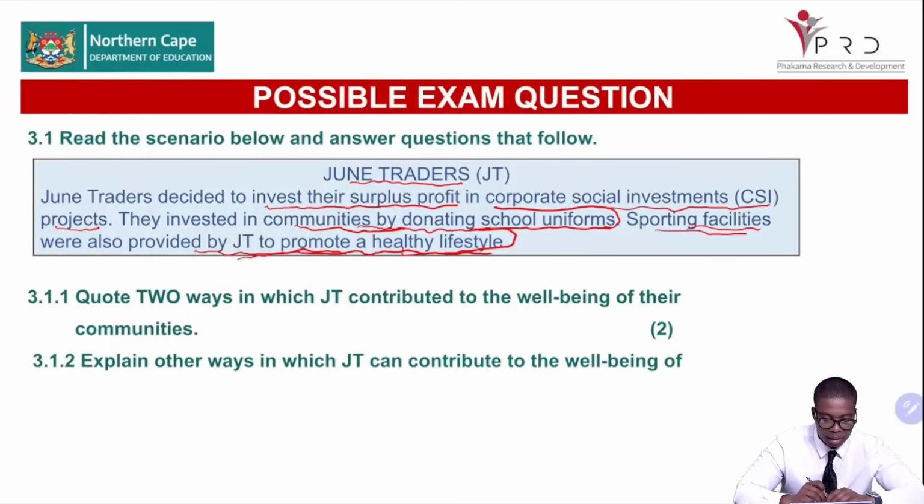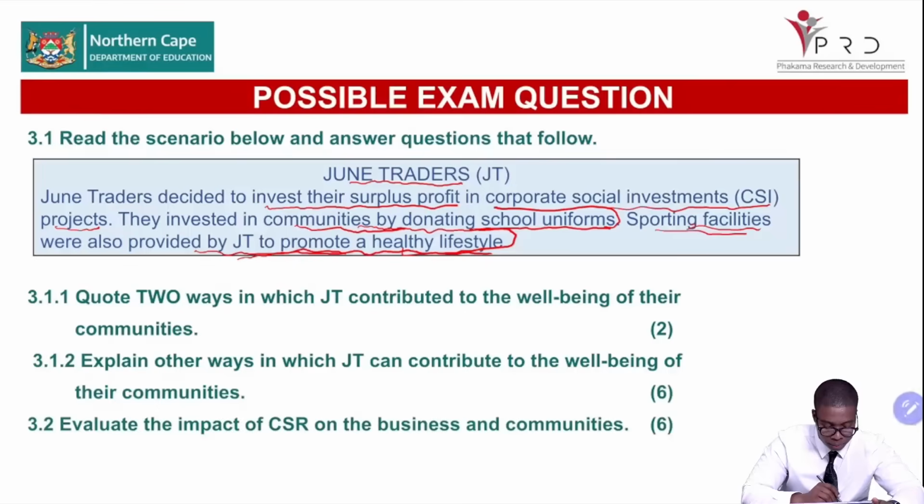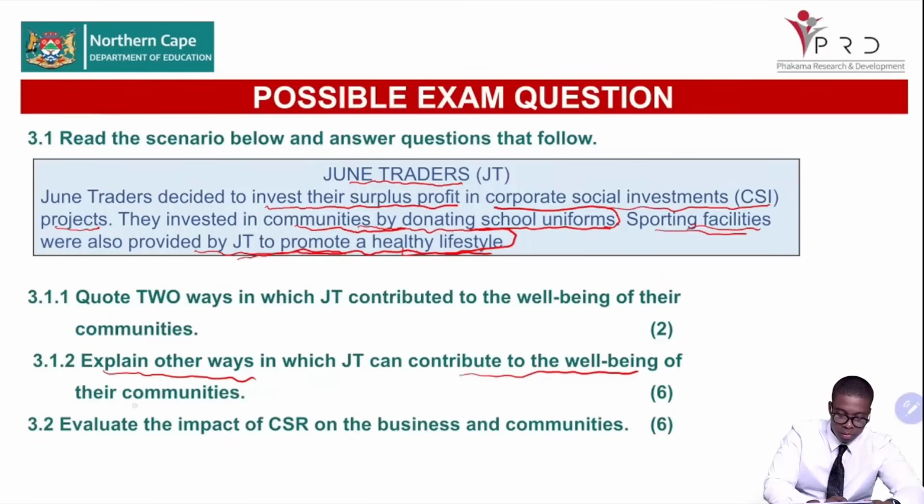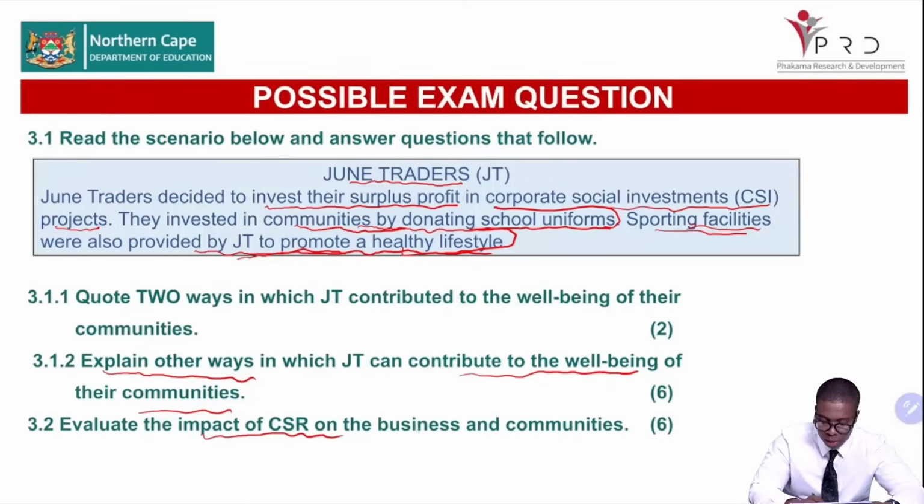Healthy facilities or sporting facilities that will promote a healthy lifestyle. Then the question that follows is: explain other ways in which JT can contribute to the well-being of the communities, or also evaluate the impact of CSR on the business and on the community.